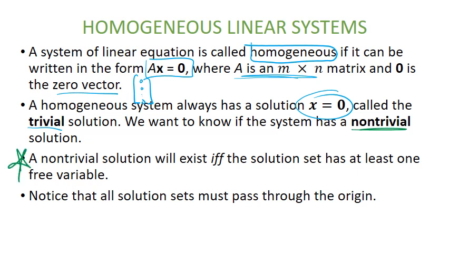A non-trivial solution will exist if and only if the solution set has at least one free variable. We will talk more about that free variable shortly. Because we have that trivial solution and that 0 vector, all these solution sets must pass through the origin.